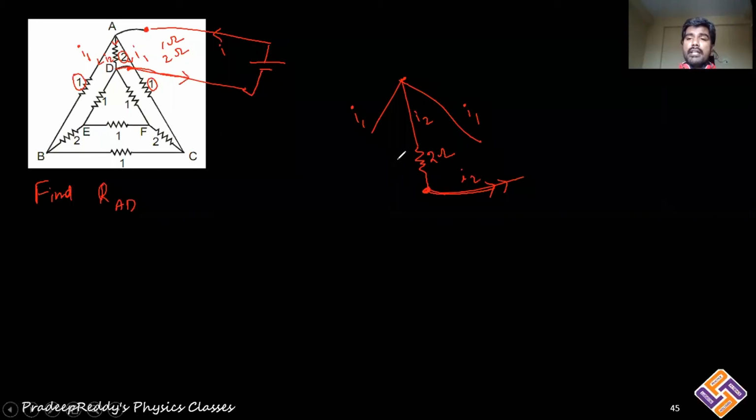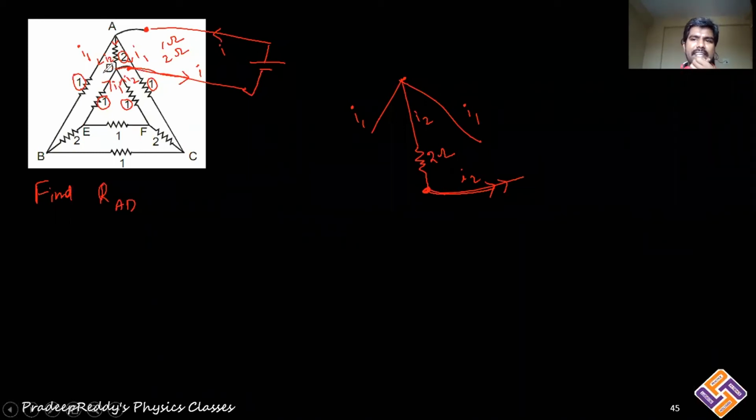But according to conservation of energy and Kirchhoff's law, current entering should be equal to current leaving. How much current is supplied by the battery? Totally I. Therefore, from D also, the net current, if you sum up, the same current I should enter the negative terminal of the battery. So I can clearly tell that current from this 1 ohm and current from this 1 ohm should be I1 and I1.